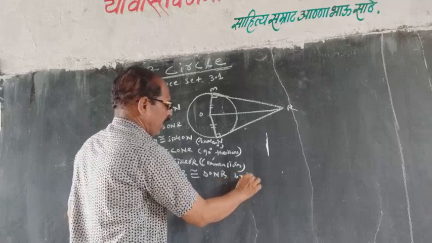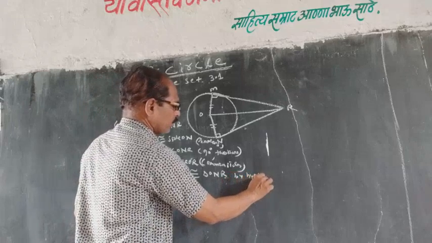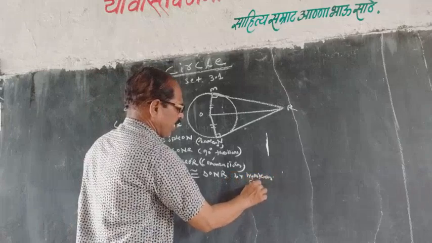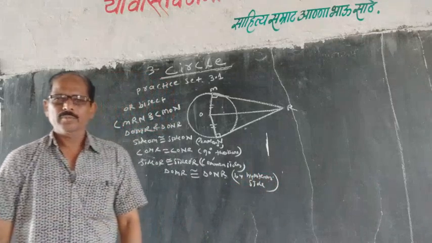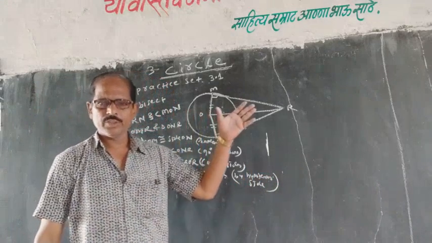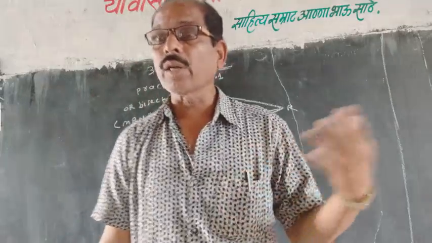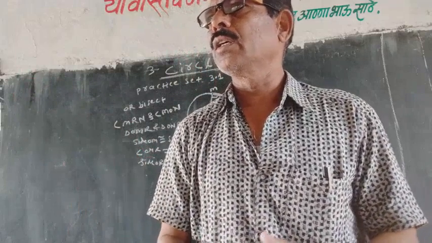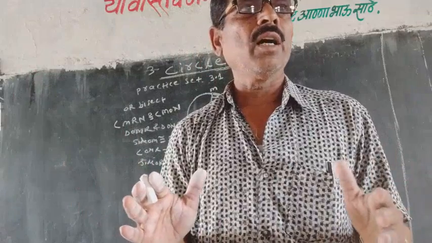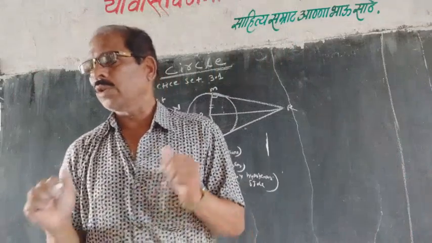By the hypotenuse side theorem, if these two triangles are congruent, then the remaining angles and remaining sides of the two triangles are also congruent.